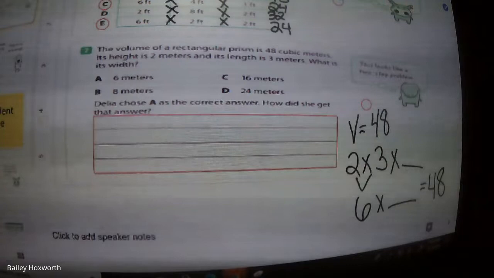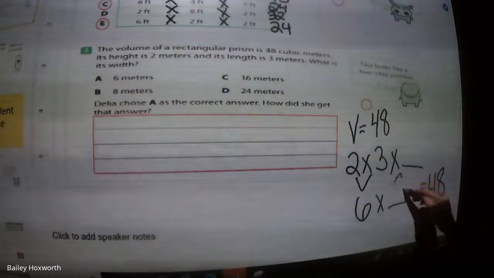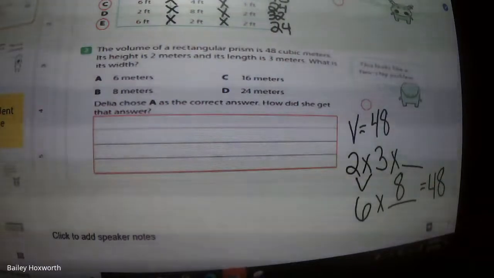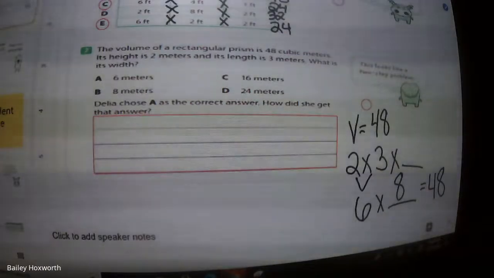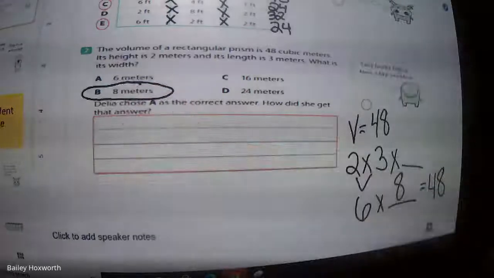And you can do that either by saying 48 divided by 6 or skip counting by 6. 6, 12, 18, 24, 30, 36, 42, 48. So I got that 6 times 8 equals 48. So what is the width? The width would be 8 meters.